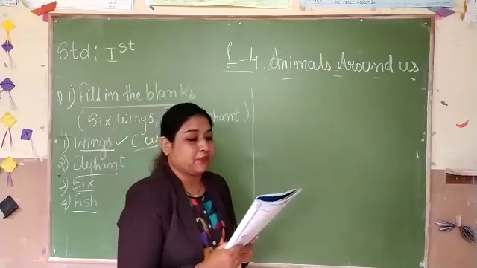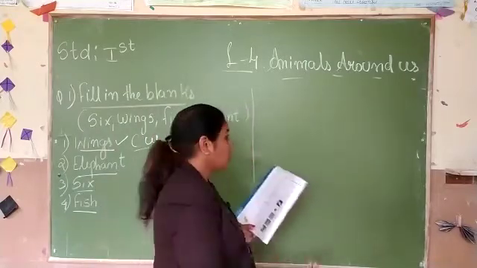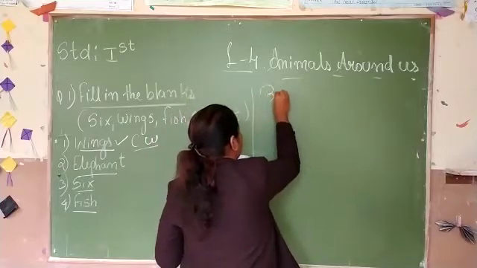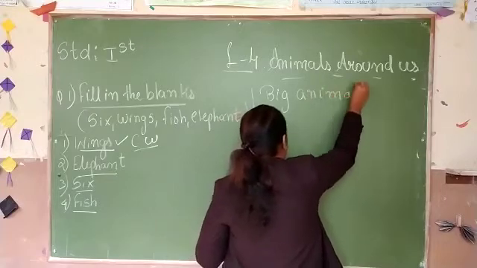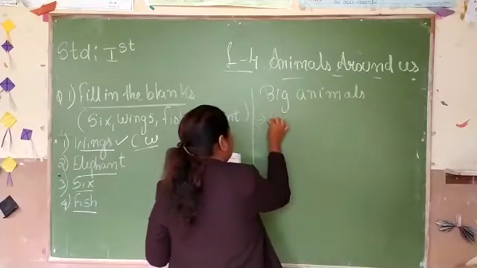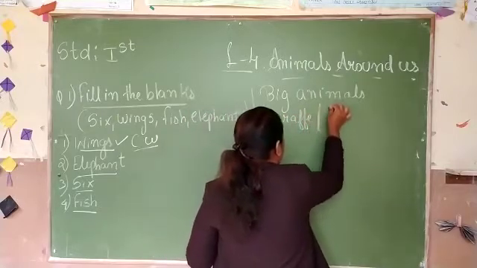Give 2 examples for each of the following. Big animals. In the big animals, you will write giraffe and elephant.